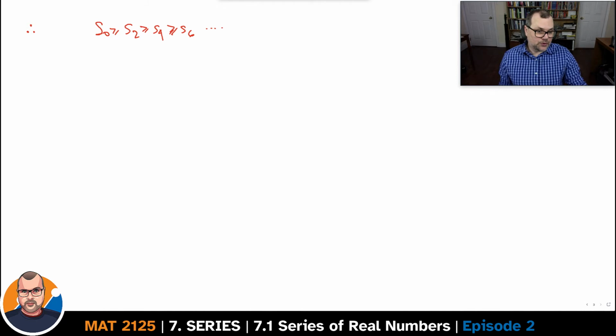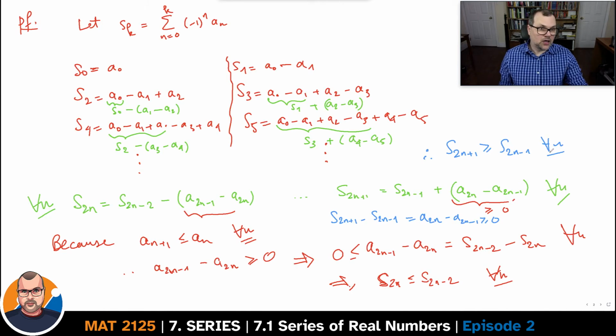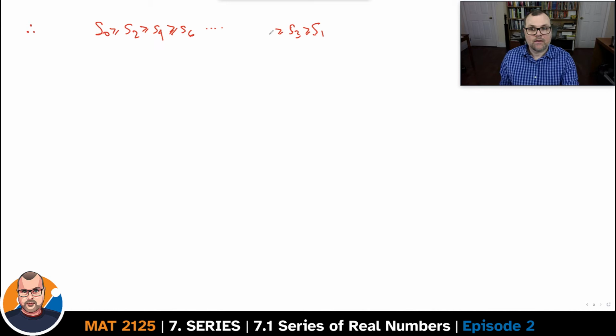And if I use the odd numbered partial sums, so let me pick n equal 1 here, for instance, S1 is smaller than S3, is smaller than S5, and so forth. Now, the way I'm writing this here gives you the impression that this is a chain of inequalities, but the reality is I've written two chains of inequalities here.